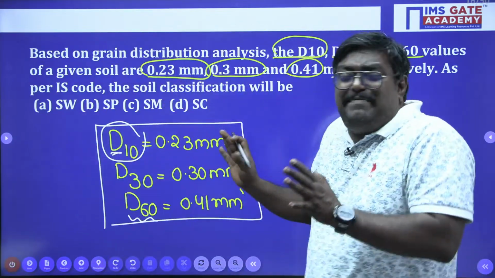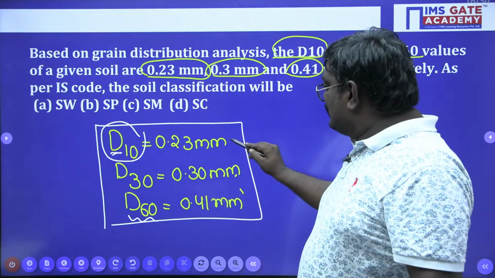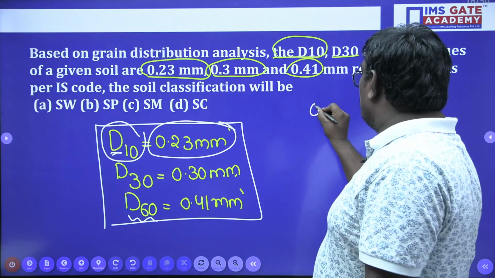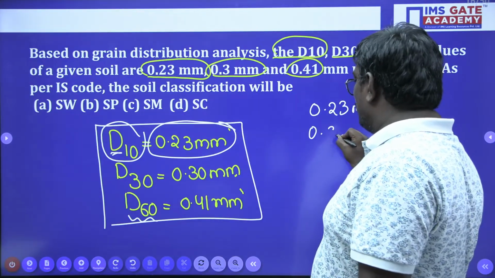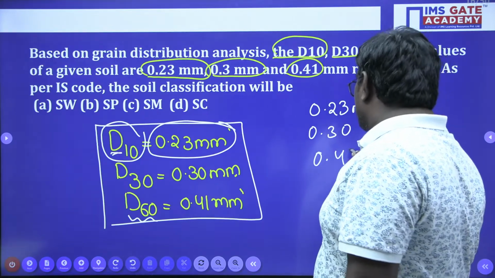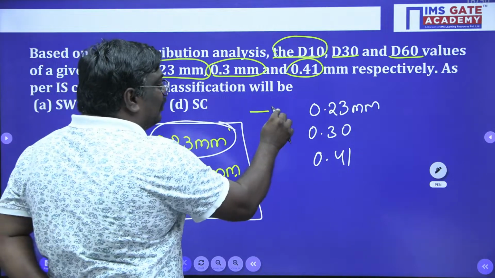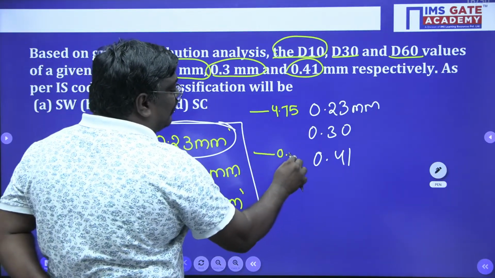So it is evident, students. If you see the sieve sizes, what are they? 0.23 mm, 0.30 mm, and 0.41 mm. See students, these values lie between 4.75 mm and 0.075 mm.